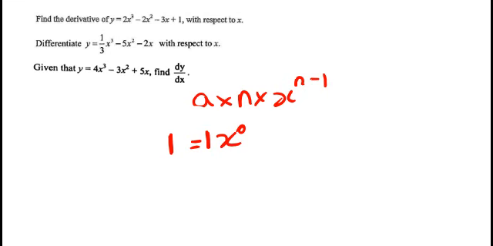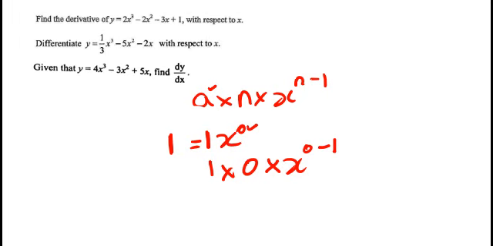Now this 1 times x to the power 0 is the same as when we are differentiating: our a is 1, so you say 1 multiplied by our n, which is 0, the power, so you write a 0, multiplied by x to the power 0 minus 1, because the power must be reduced by 1.